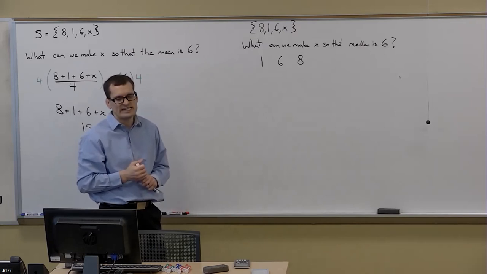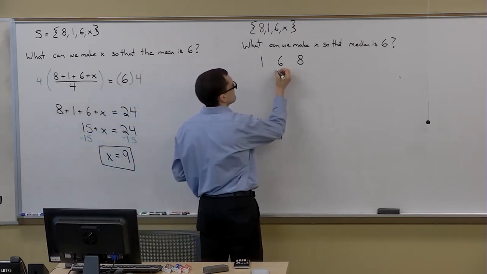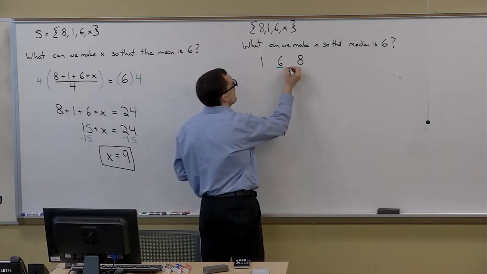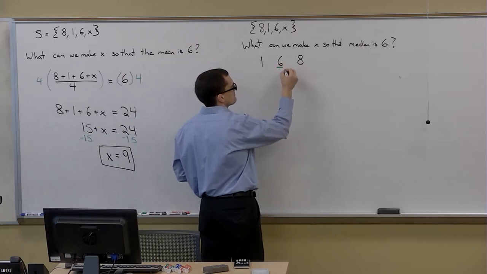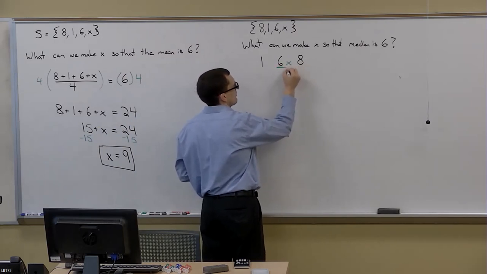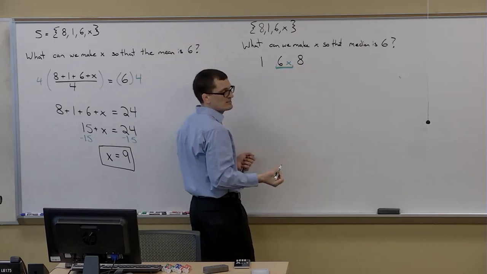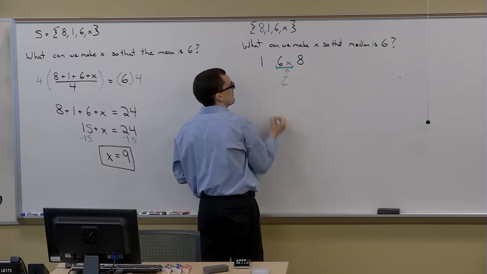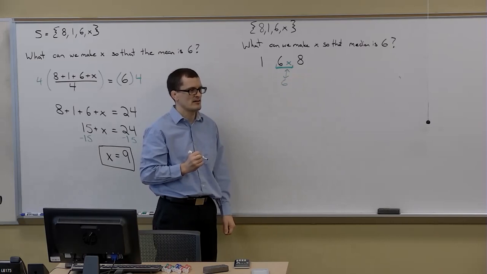Because we have an even number of things, the other number, which is 6 in this case, together with the x, are going to have to be averaged to give me a 6. In this case, it's pretty easy to see. You want to make that x equal 6 there.